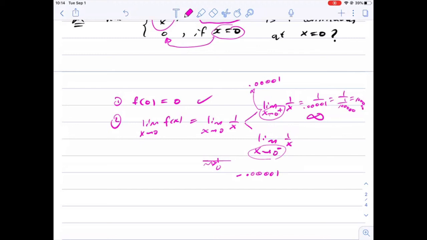Now here we can plug it into the function, we get 1 over negative 0.00001, and this is negative 1 over 1 with 5 zeros after the decimal, that means negative 100,000, and that's a very large negative number. If we add more zeros, we get more zeros here, and that means we are approaching negative infinity.